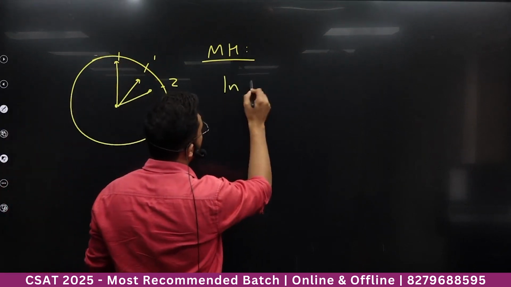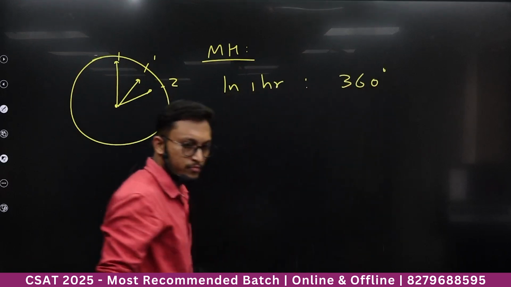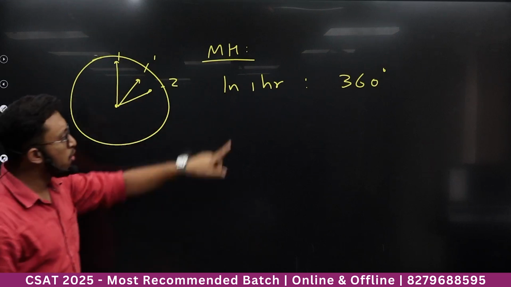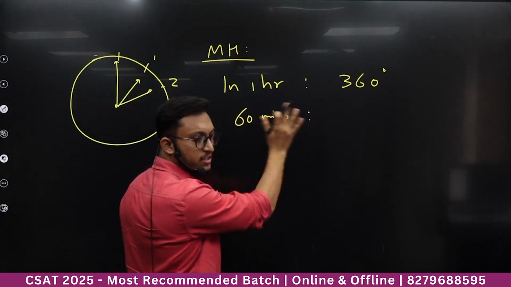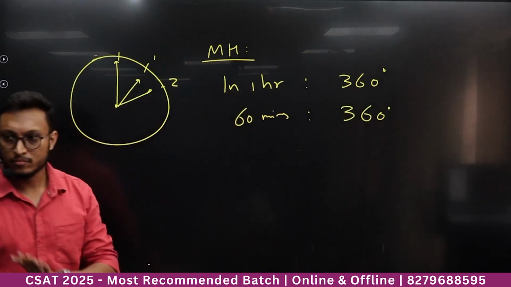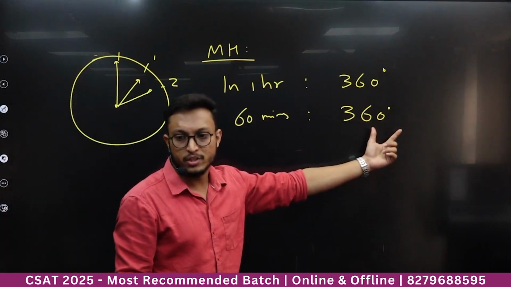So in 1 hour, it has rotated 360 degrees. 1 hour is 60 minutes. Can I say in 60 minutes it has rotated 360 degrees? Basic. So in 60 minutes it is rotating 360 degrees.